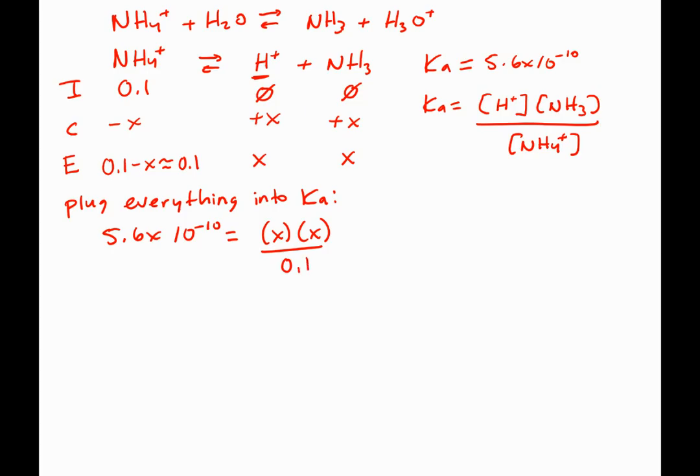Then you can multiply both sides by 0.1, so 5.6 times 10 to the minus 11 equals X squared. And then take the square root of both sides to get that X is equal to 7.5 times 10 to the minus 6.